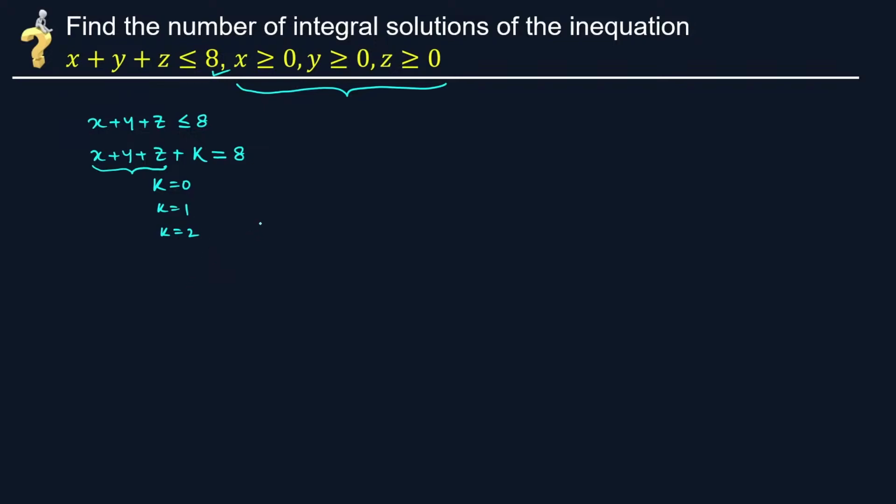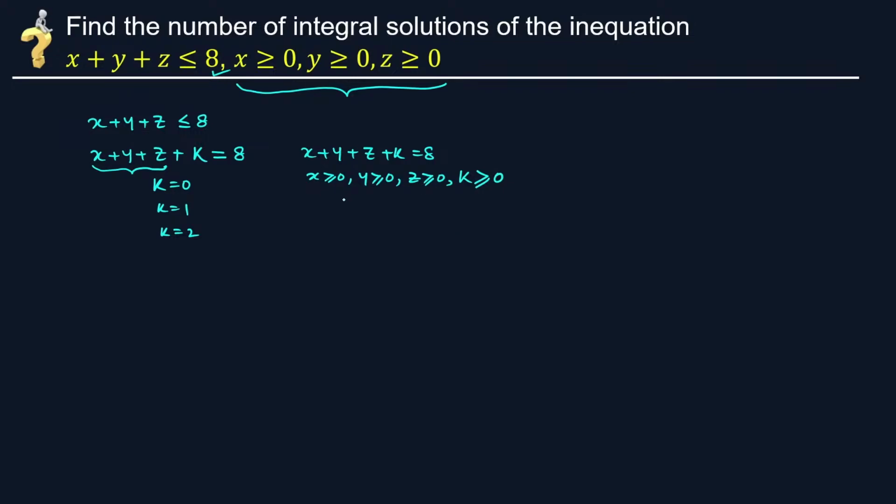So now, can we say that in the equation x plus y plus z plus k is 8, x is greater than or equal to 0, y is greater than or equal to 0, z is greater than or equal to 0. At the same time, the dummy variable k is also greater than or equal to 0.